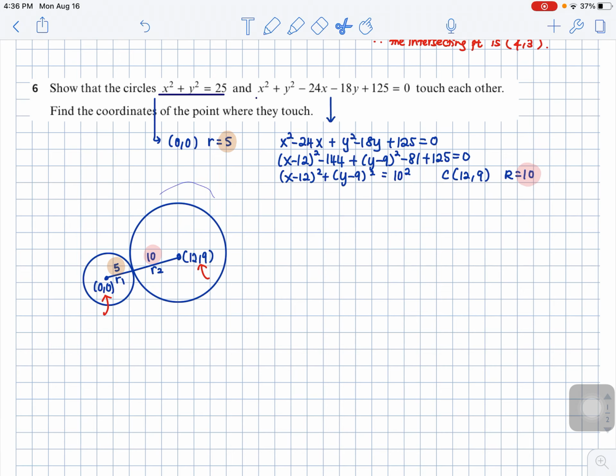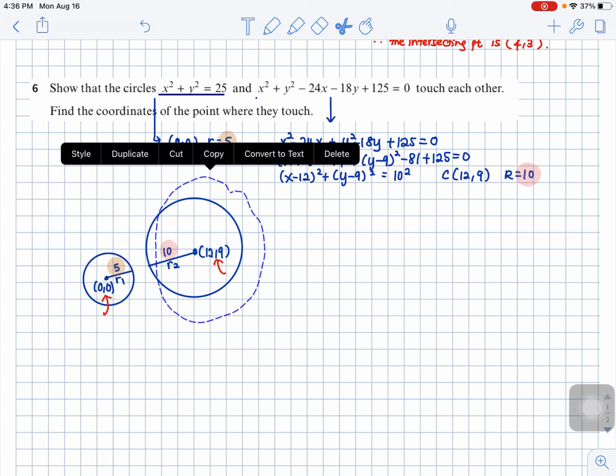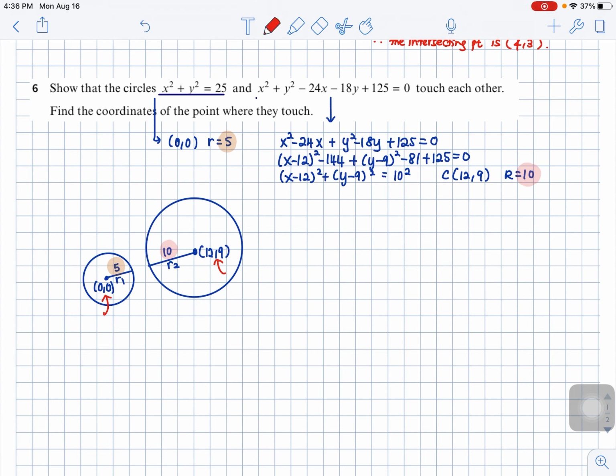See, initially when I draw, I am the one who is making them touch. Now you don't know. But if you find the distance between center 1 and center 2, and that value is 15, why am I focusing on 15? Because I know 5 plus 10, if I add them up, if it is 15, then I know they are touching. So I am using this particular concept.